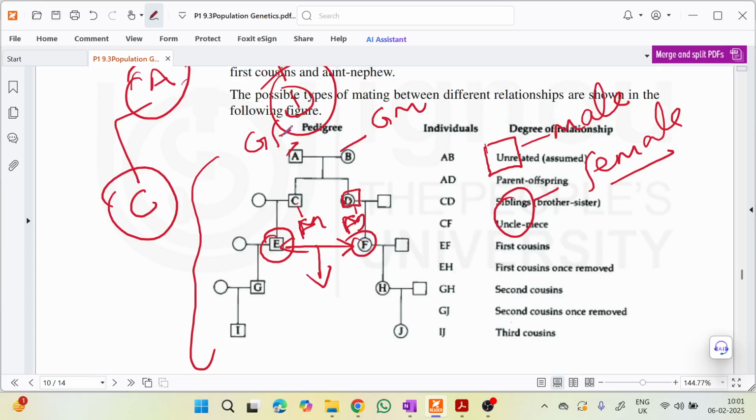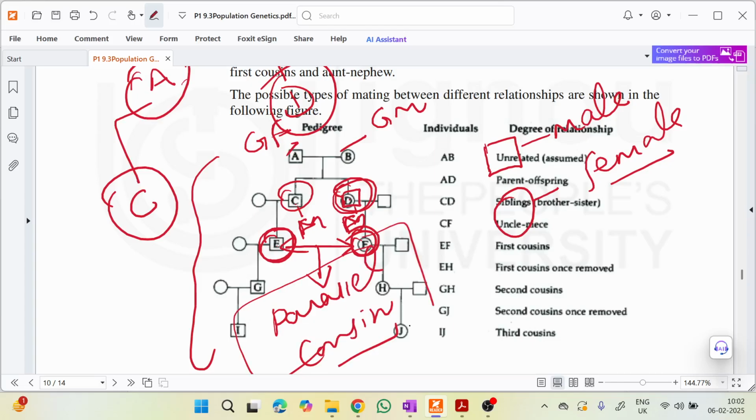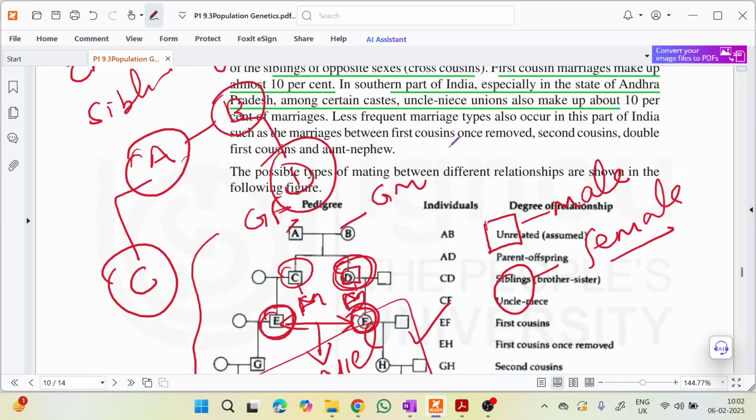In your case, let's take the example of one person: A is his grandfather, C is his father, D is his uncle, and E is he himself. Now he marries the daughter of his uncle. This is a case of parallel cousin marriage, which is prohibited but still prevalent in many Middle Eastern societies.